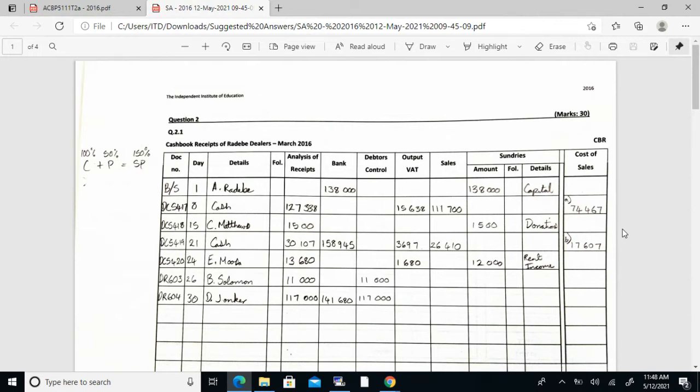All right, so immediately you see that somewhere on your paper, do yourself the favor of scribbling your model: C plus P is equal to SP. And again, we know automatically profit is 50%. Then what else do we know? Cost is what? Why is cost 100?